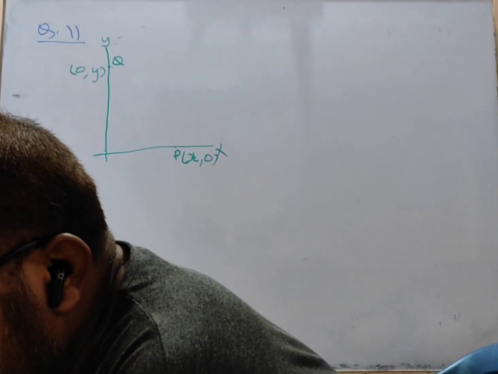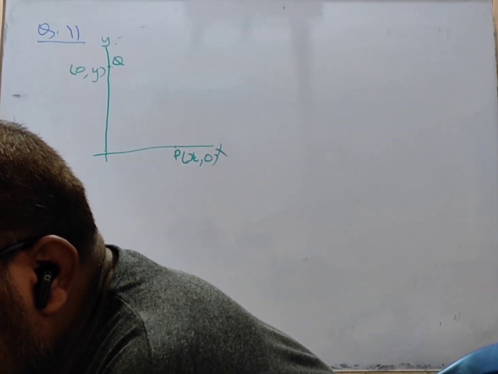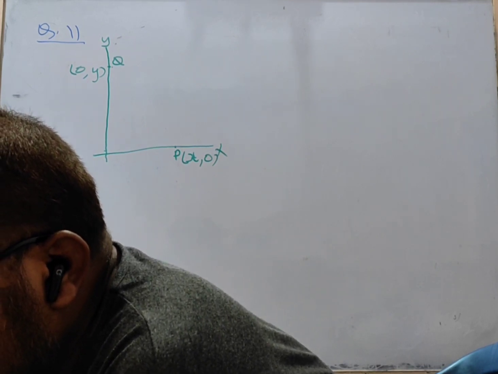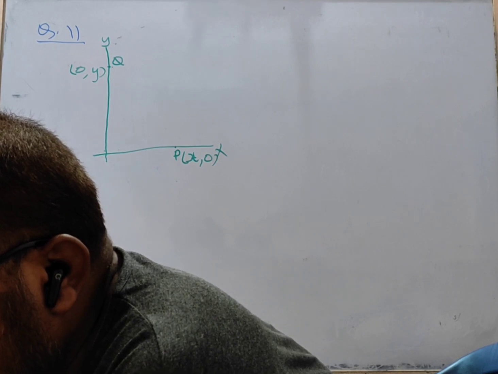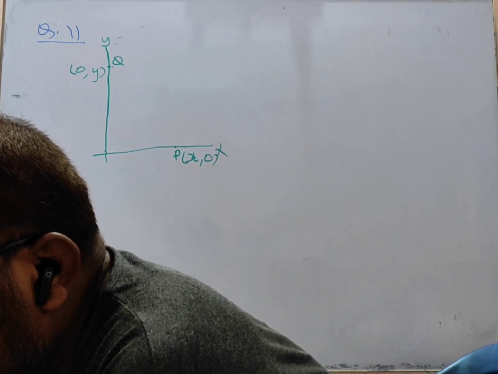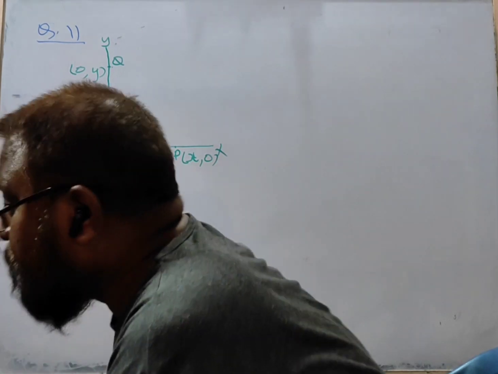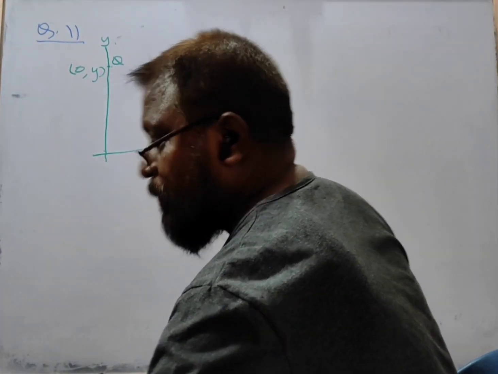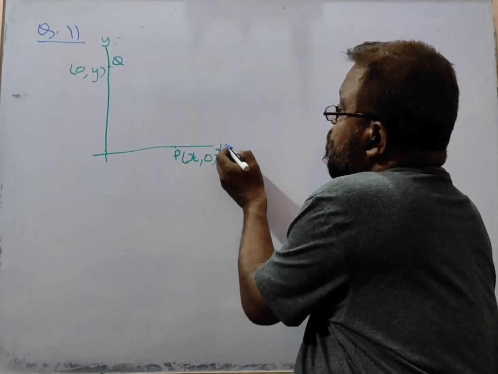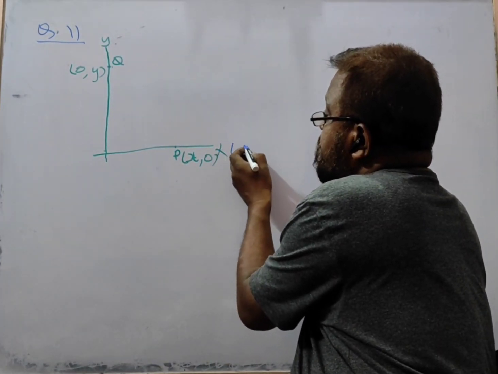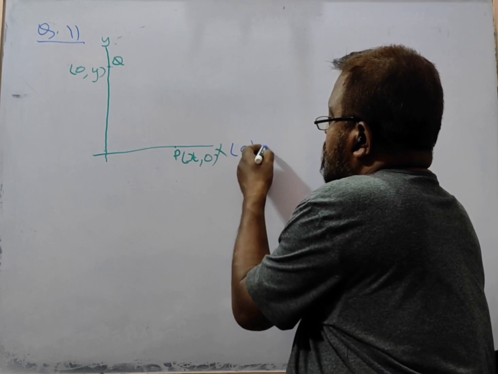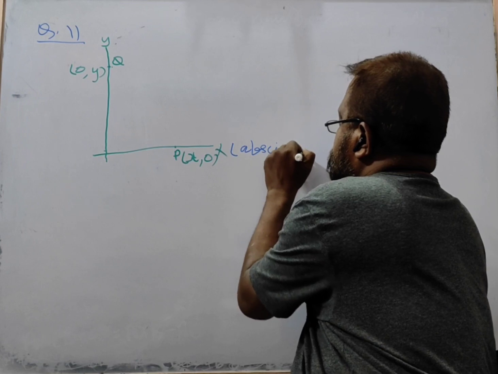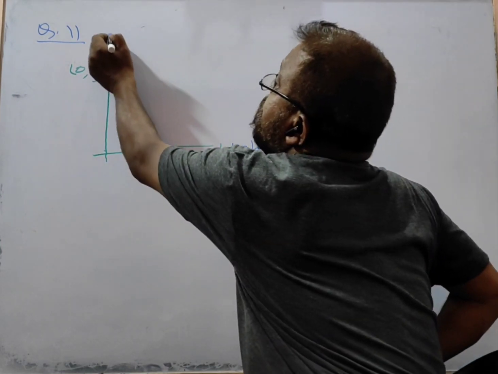Okay, so the x-coordinate is known as abscissa, and the y-coordinate is known as ordinate.